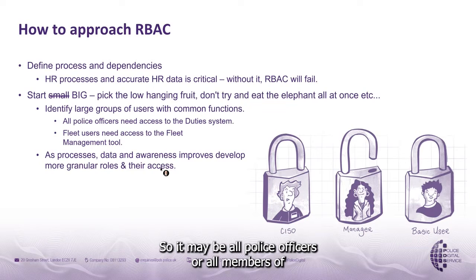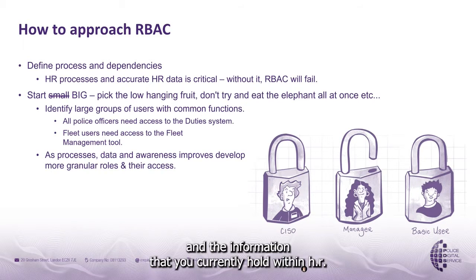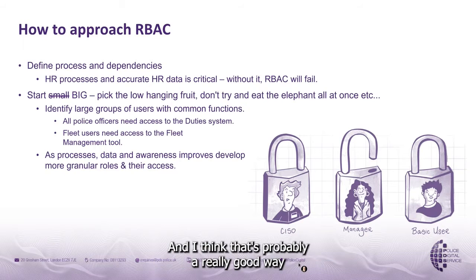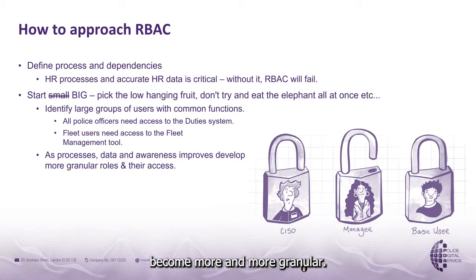So it may be all police officers or all members of the ICT department or HR department would have specific systems, and the information that you currently hold within HR is sufficient to be able to create those rules. And I think that's probably a really good way of being able to demonstrate the opportunities here, and then over time become more and more granular.